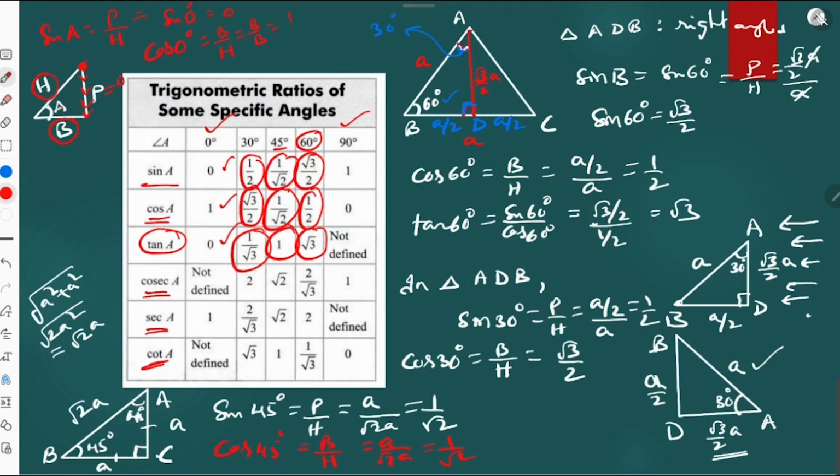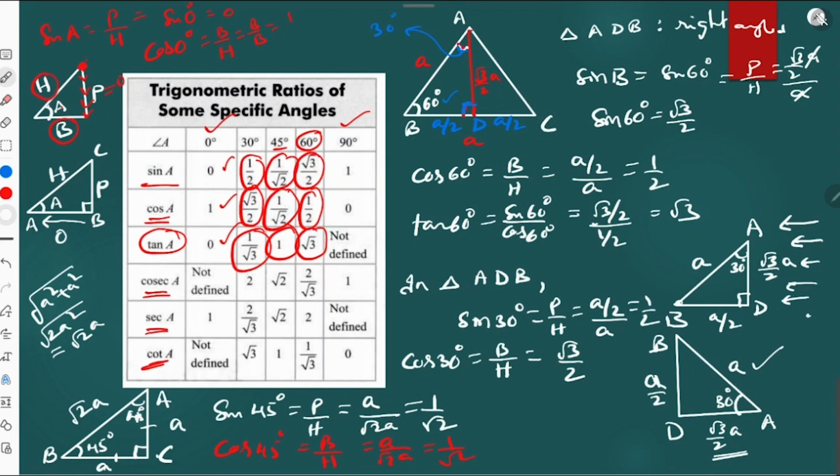And similarly, 90 degrees. When you take 90 degrees in a right angle triangle, this is angle A, here it is A, B, C. Actually two right angles are not possible in a triangle, so you are bringing B towards A. That means the base will become 0, and perpendicular and hypotenuse will become the same.